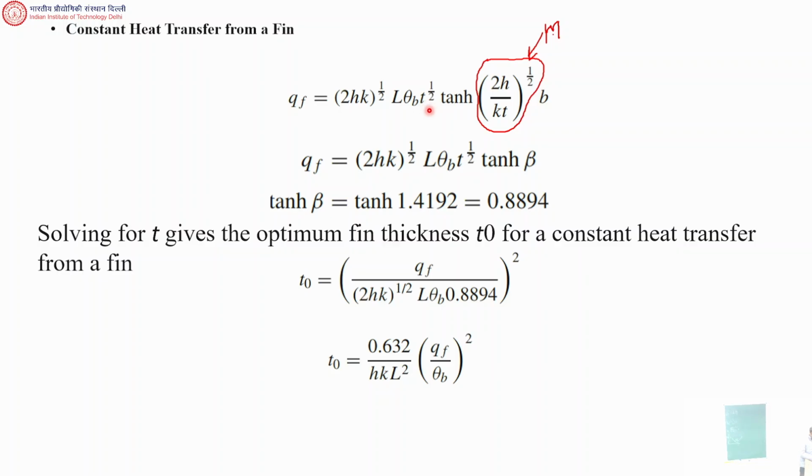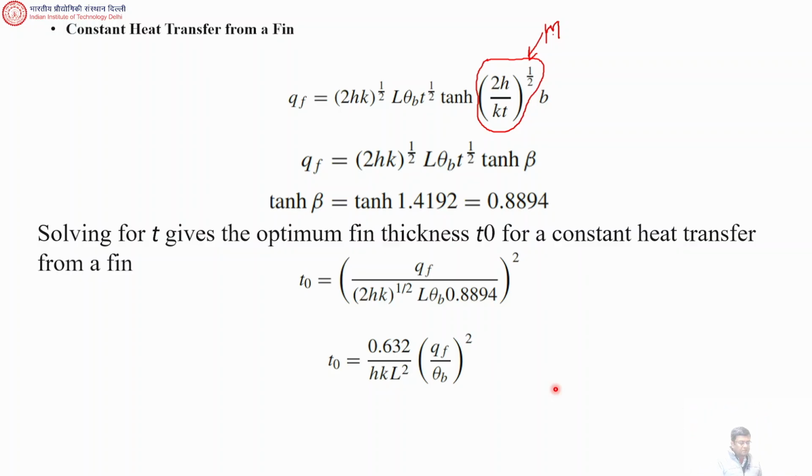So we can write an expression for t to the power half in terms of this QF and other things, including that 0.8894. Correct? So this becomes your t naught. And a little bit of simplification, you get this 0.632 from here. So this is t naught.